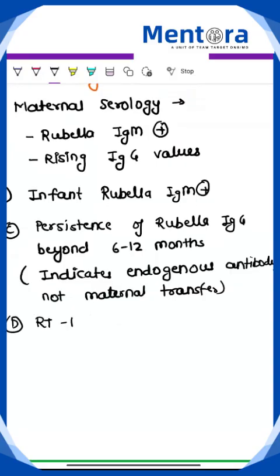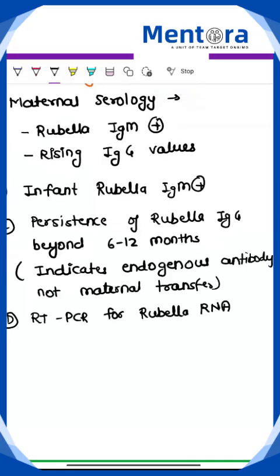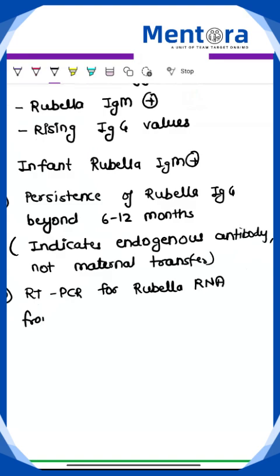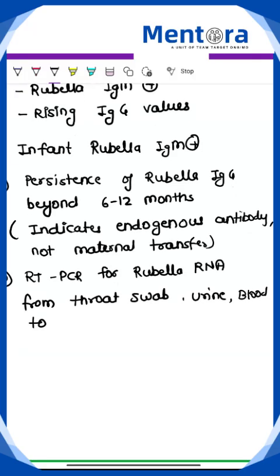Then RT-PCR for rubella RNA from throat swab, urine, blood to confirm the viral presence.